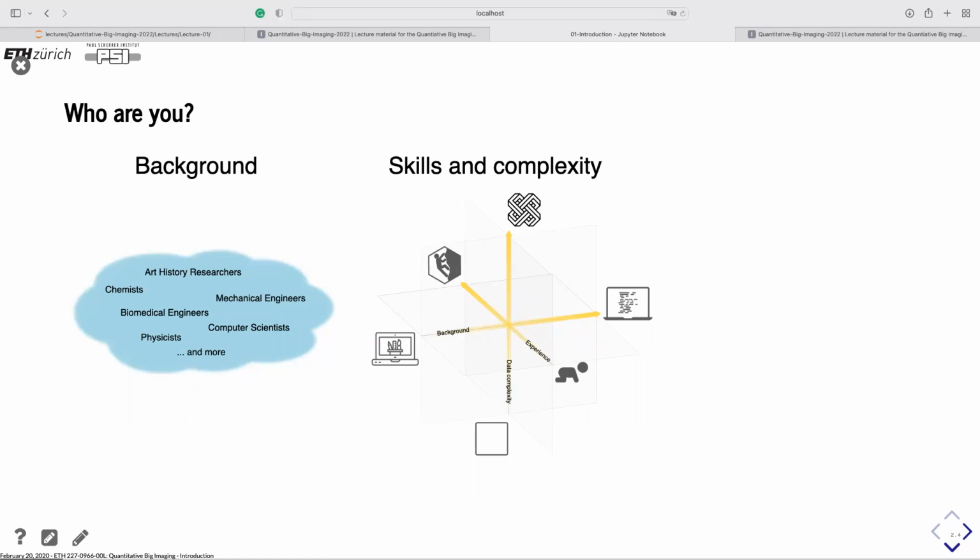So it's a very wide clientele, and it would actually be interesting to know what background you have and to know you a little bit better. So maybe during the exercises, you can tell something about what you expect and what your background is. I would appreciate that actually.